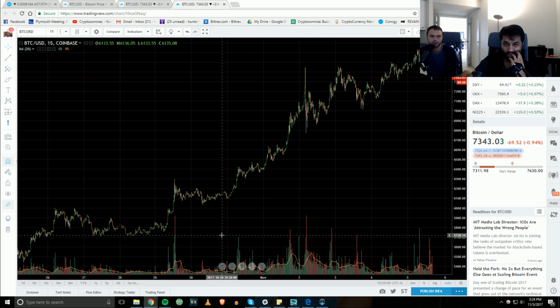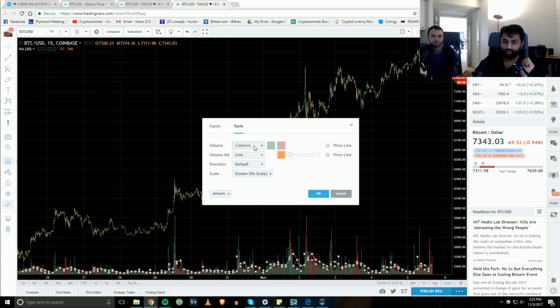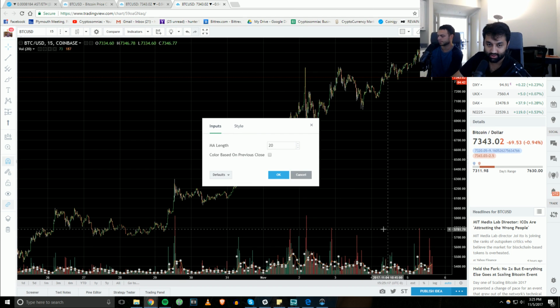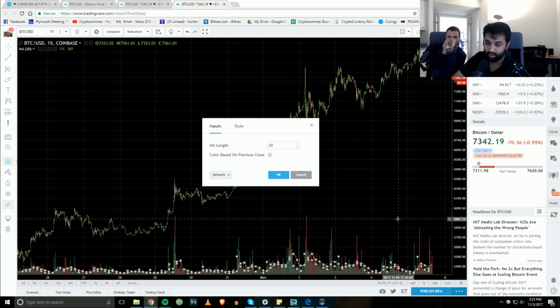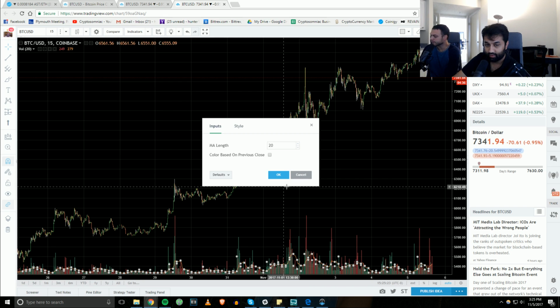You can also go into the settings of the indicator and change a lot of things. So if you go into the settings of that volume indicator, that's a little confusing right now. I wouldn't suggest changing it, but if you really wanted to, you could. This is MA, which is moving average length, which is this orange line based on the bottom, the moving average of the volume for every 15-minute interval.